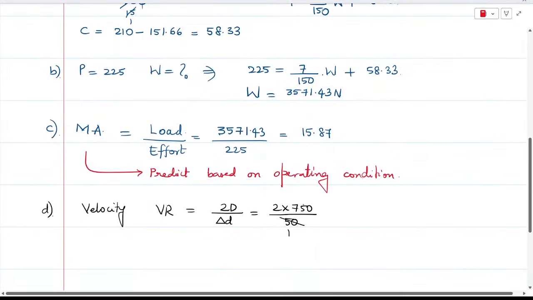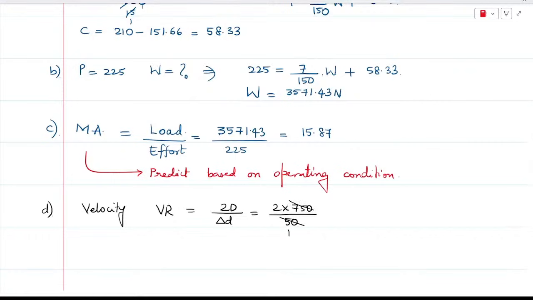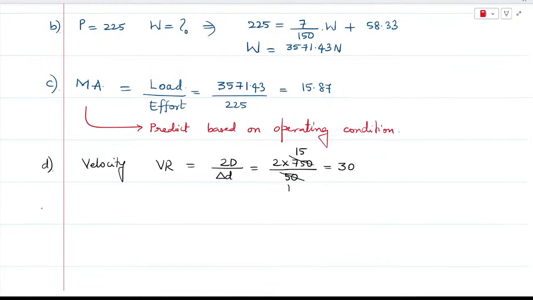So 50 tens is 500, and 50 fives is 250, so 50 fifteens is 750. So the velocity ratio is equal to 30.